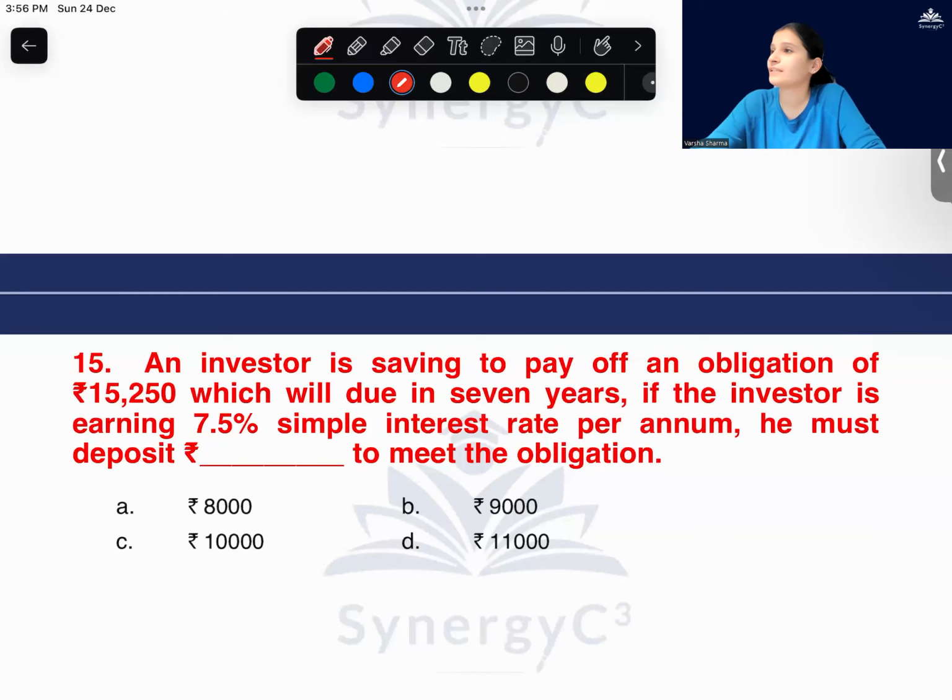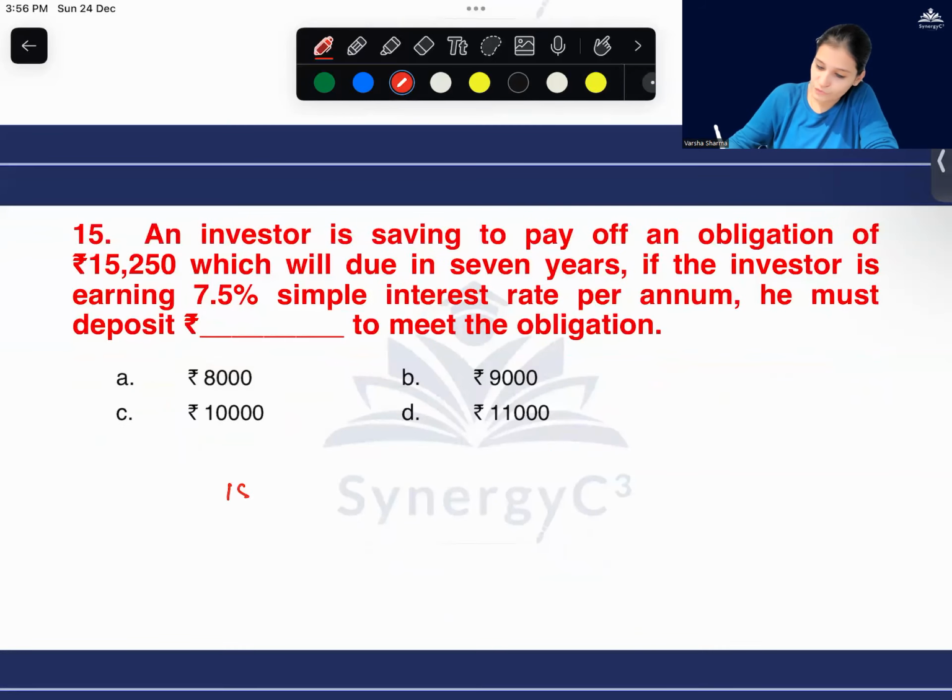That means it is principal. So we have to find principal, and what is given to us is a larger value. That's amount. If you don't understand it directly, look at your options. All the options are smaller than 15250, that means 15250 is the amount. What you need to find is the principal.